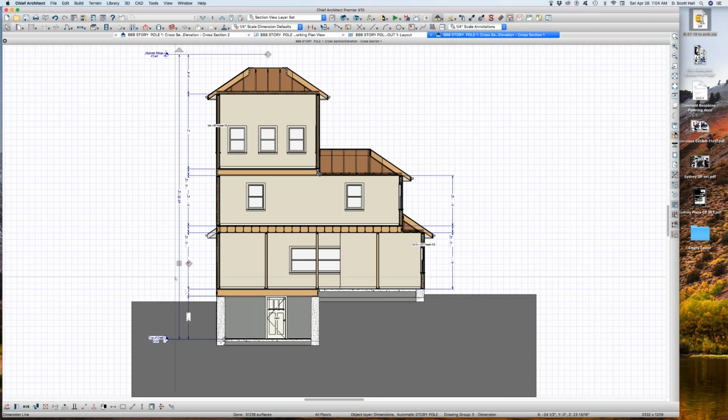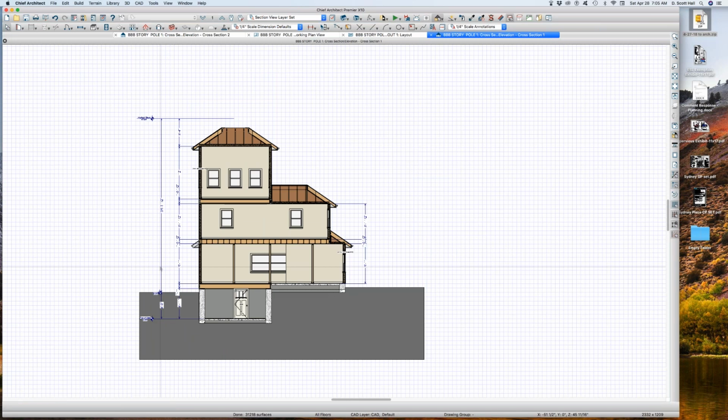There we go. What's wrong with that? Am I missing something?